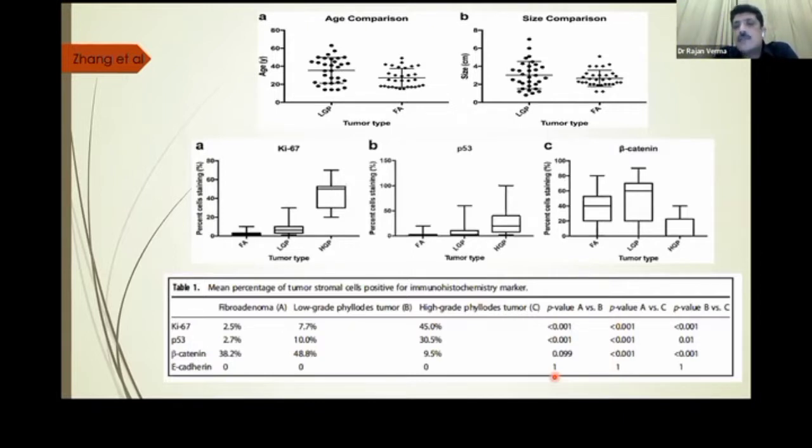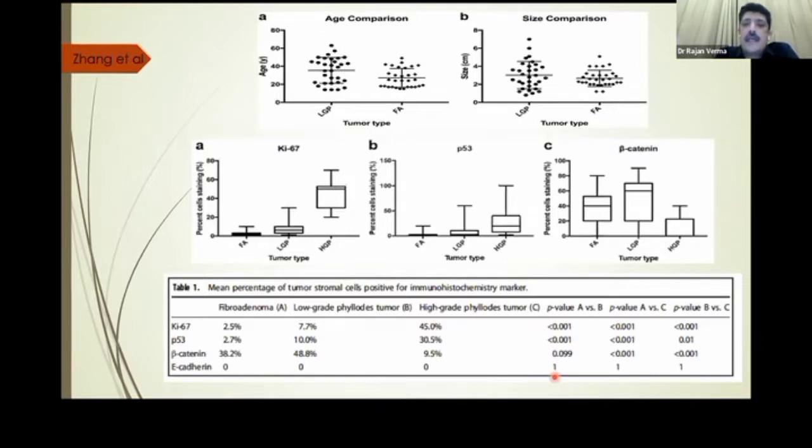The size comparison is also similar. For the low-grade or benign phylloid tumor, the size of the lump is around 3 centimeters, and the fibroadenoma is around 2.7 centimeters.